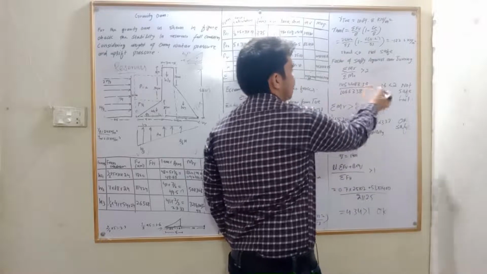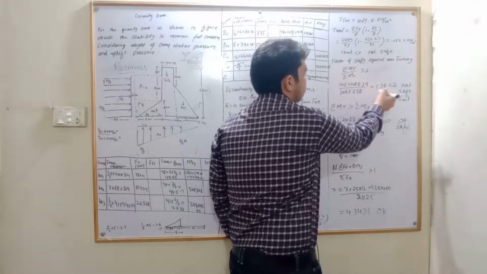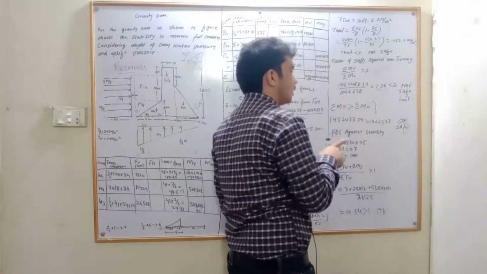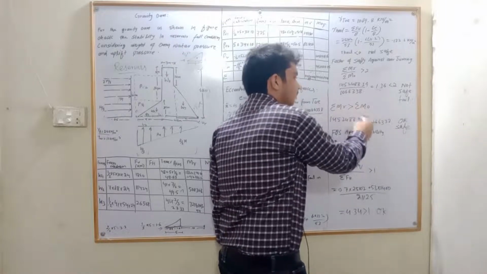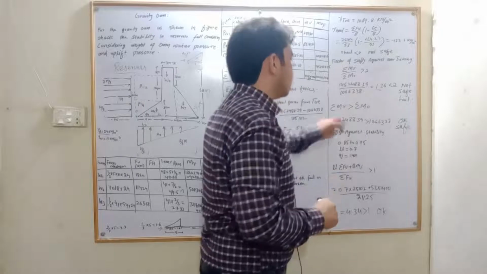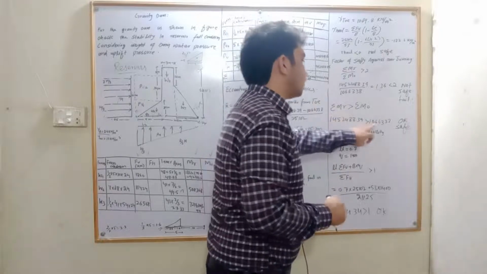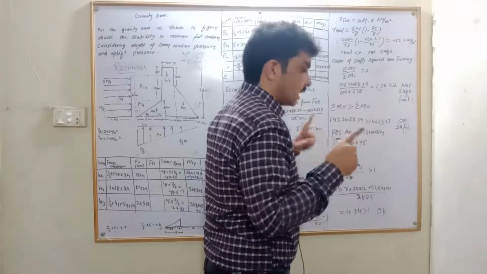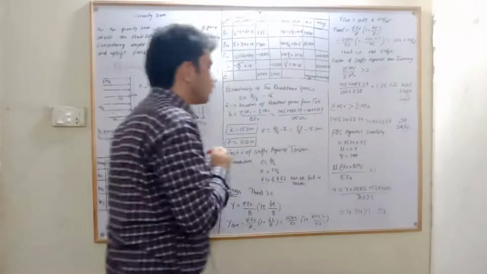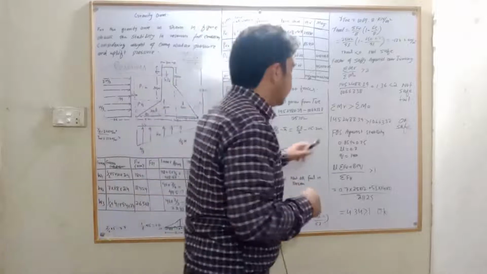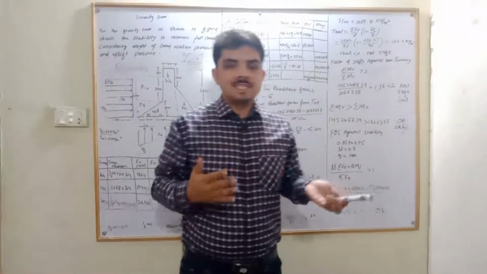When we do this, it is less than 2, so not safe, fail. Okay, we have another check: summation of Mr greater than M naught, then okay. So summation of Mr is greater than M naught, this condition is satisfied, so the dam is safe in overturning.